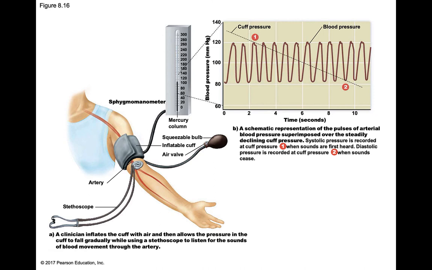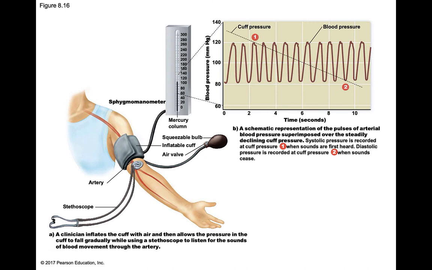Diastolic pressure is noted as when you no longer can hear the sound. That's why you need a stethoscope. That's the general process used to have an indirect measure of blood pressure.